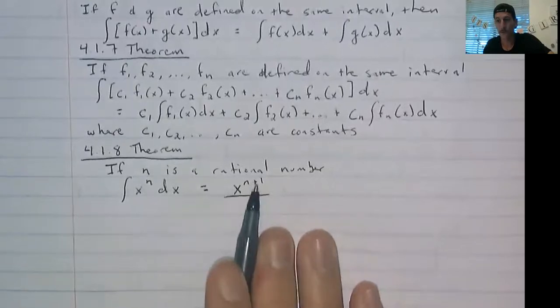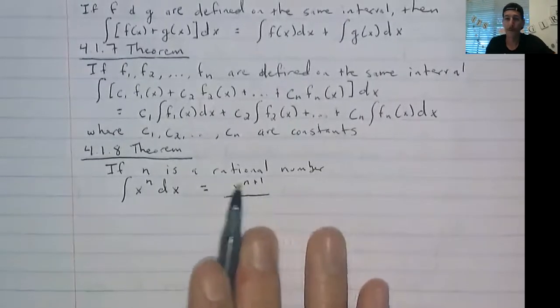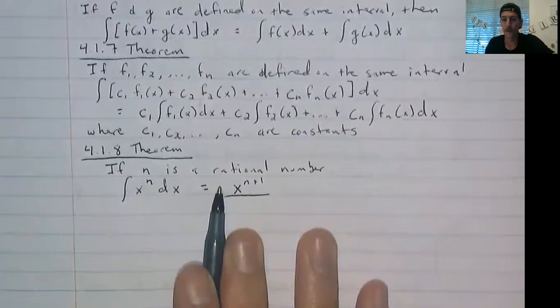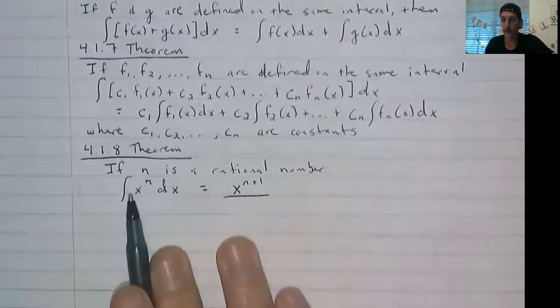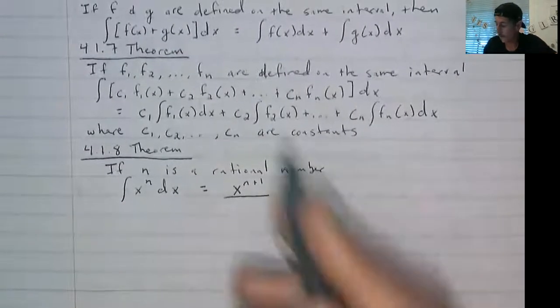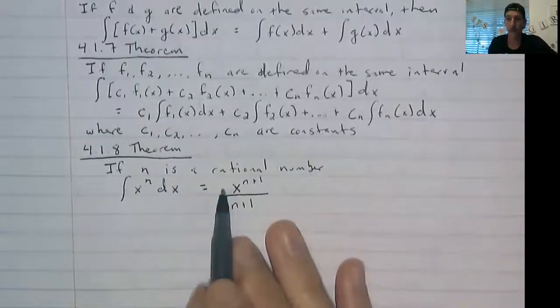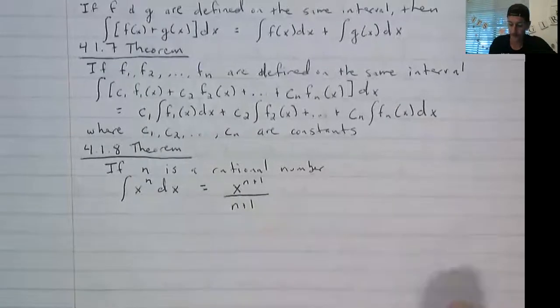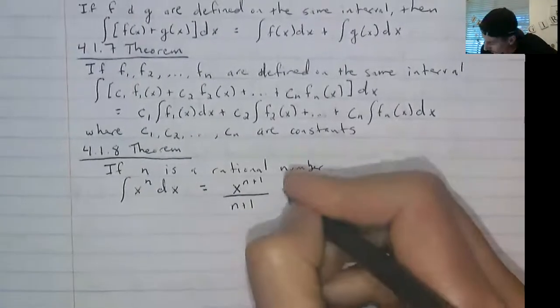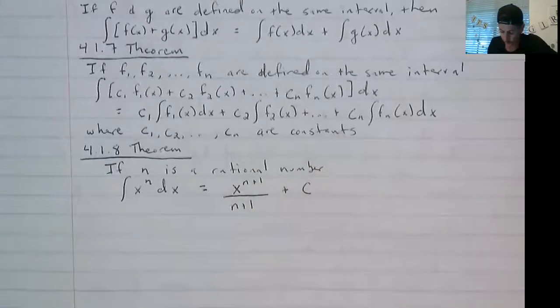And we would subtract 1 from this exponent, but it also drops down an n plus 1 as a coefficient. We don't want that. And so we need to divide this by n plus 1 to cancel that out when we differentiate. And then not forgetting that we're always going to add a constant, plus c.